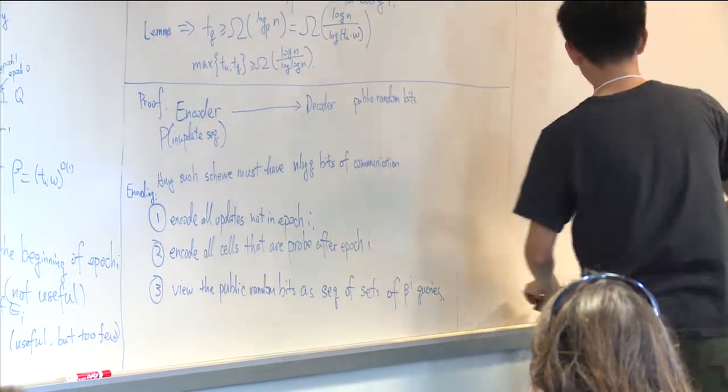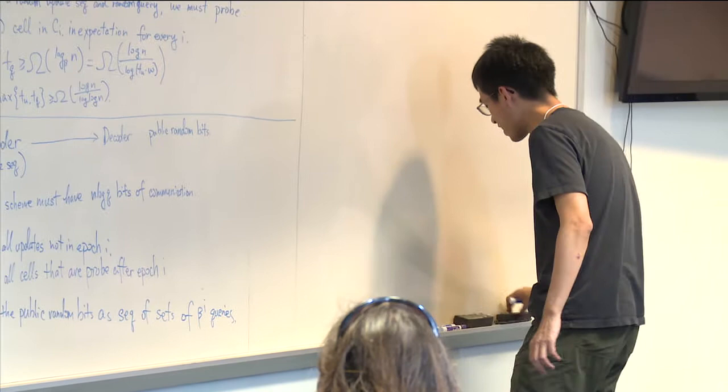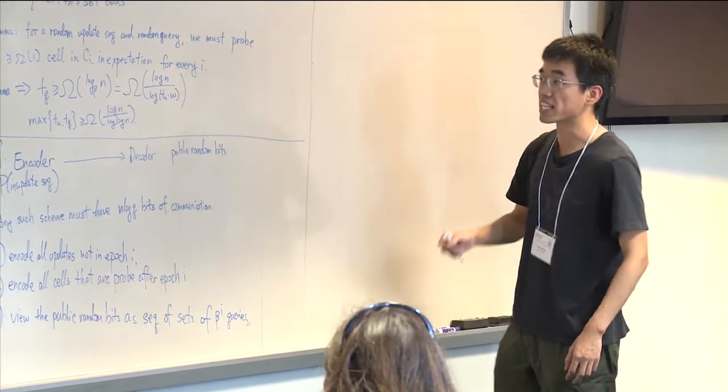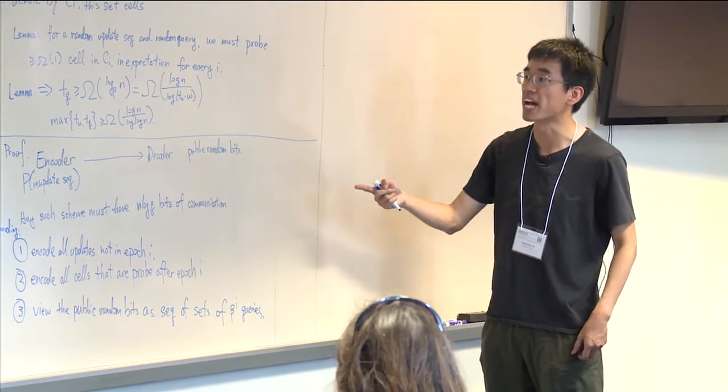And then the encoder will send the index of the first set that doesn't probe anything in CI.